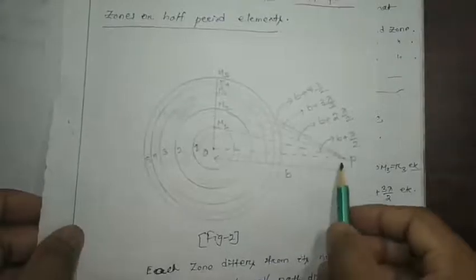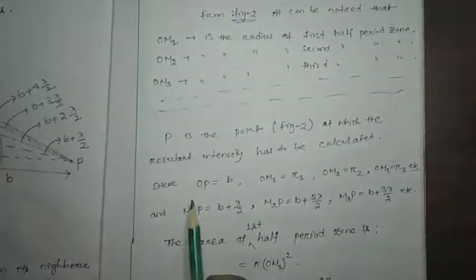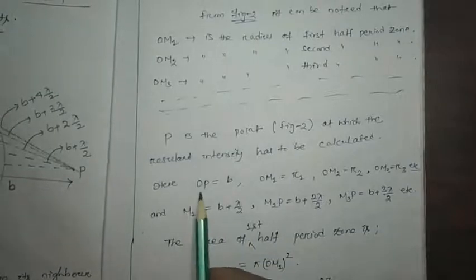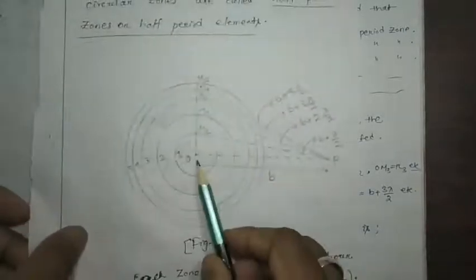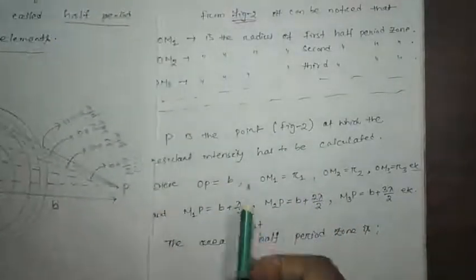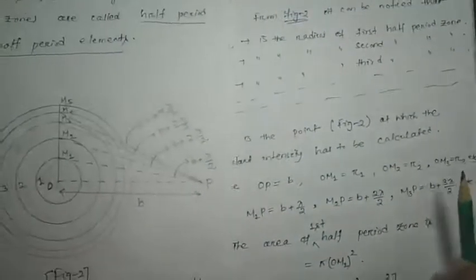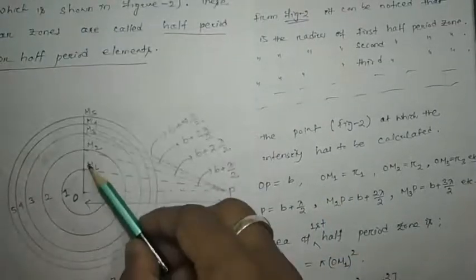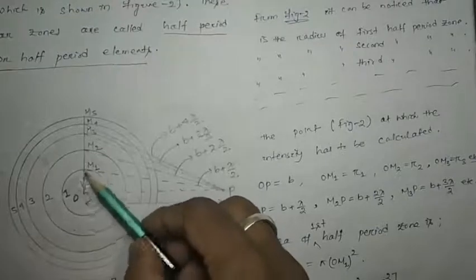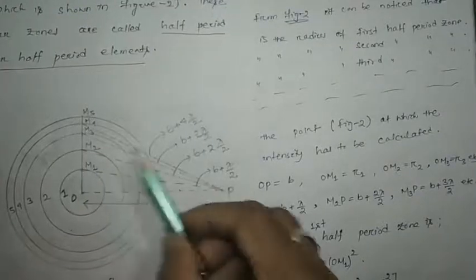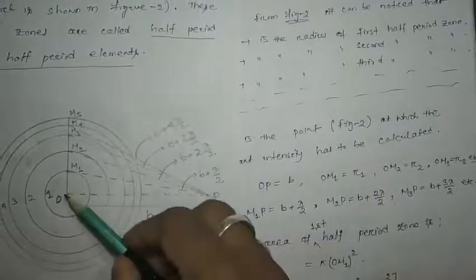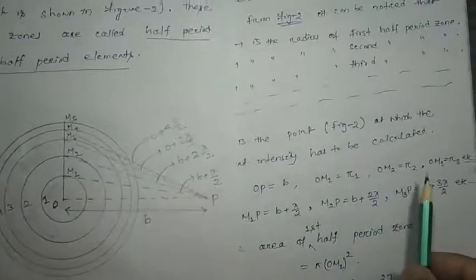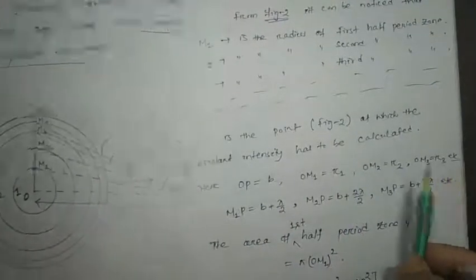Here OP is equal to b, and OM1 is the first half period zone radius, let it be R1, OM2 is R2, OM3 is R3, etc.